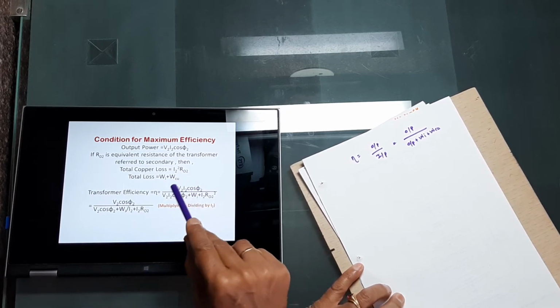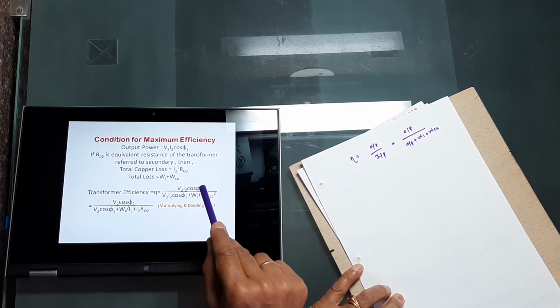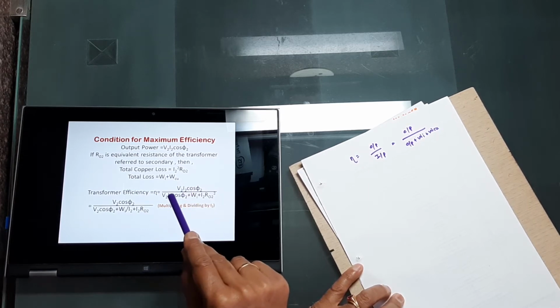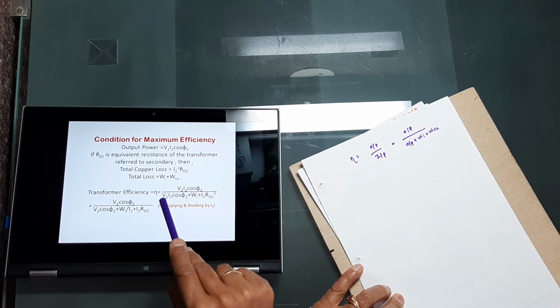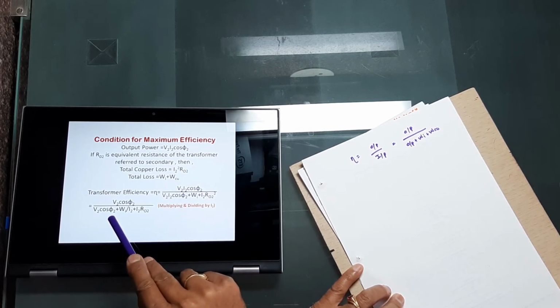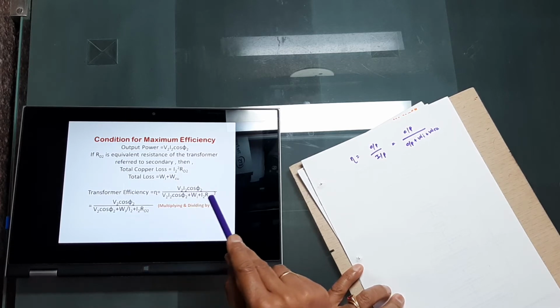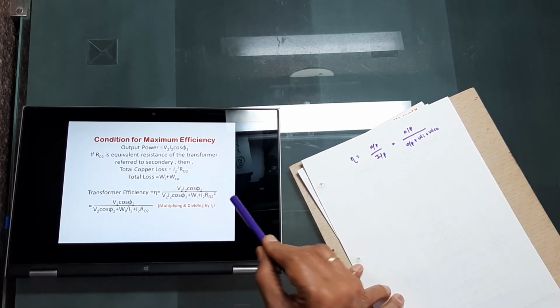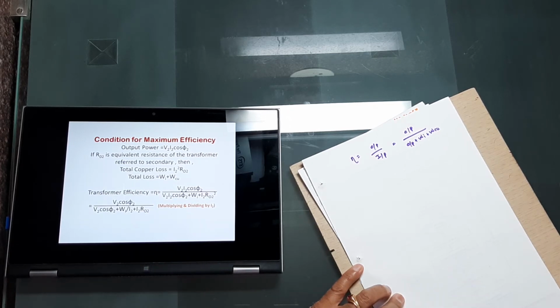In the numerator, V2 I2 cos phi divided by I2 gives V2 cos phi. In the denominator, the first term also gives V2 cos phi, then Wi divided by I2, and I2 square RO2 divided by I2 gives I2 RO2.